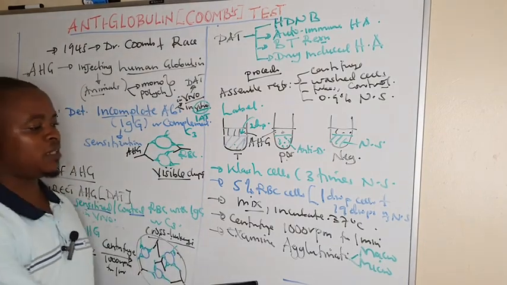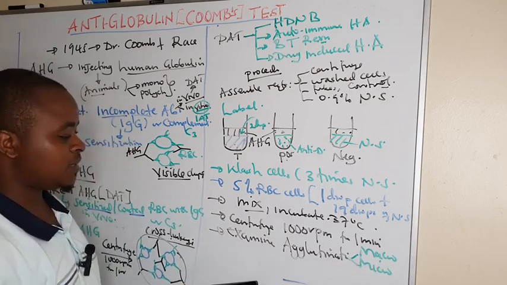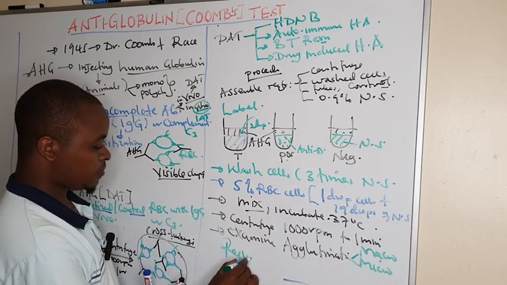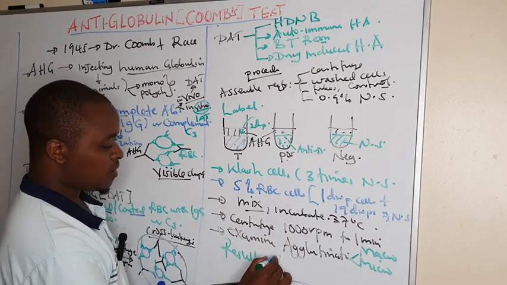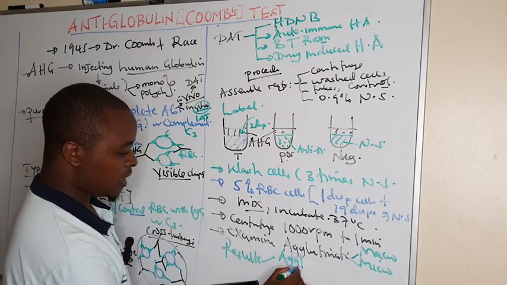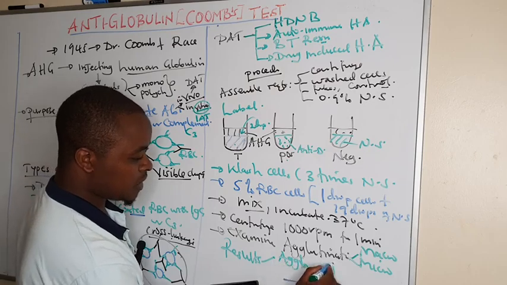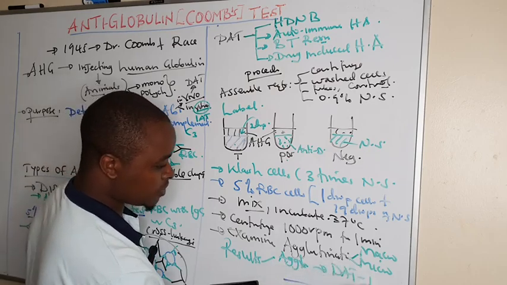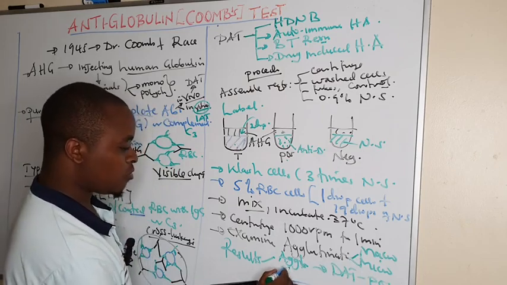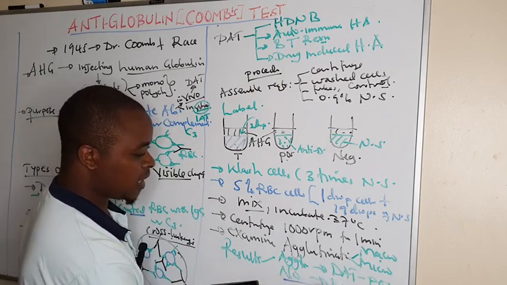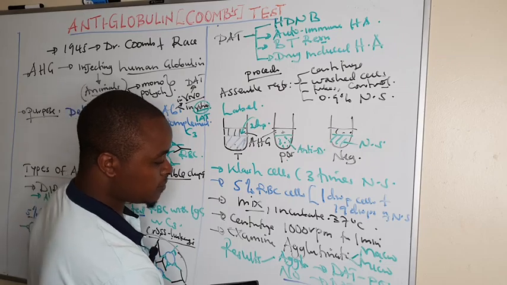And when we find there is agglutination, the report is presence of agglutination or clumping. It means it is DAT, or direct Coombs test, positive. And no agglutination means it is DAT negative.